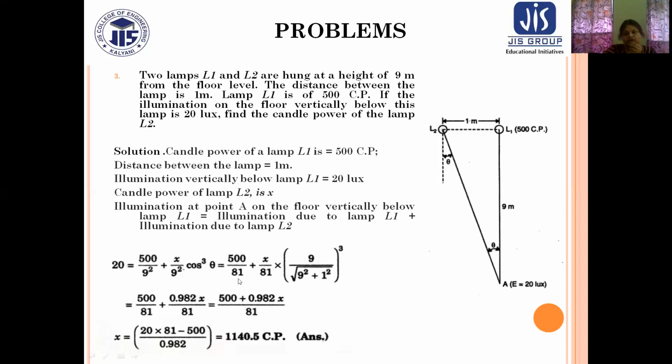And after that whole cube of that, and after that 500 by 81 plus 0.982x by 81, that is equal to 500 plus 0.982x by 81. So x equal to 1140.5 Cp. That means this is the answer, that means x is the candle power of the lamp L2. Right? Clear?